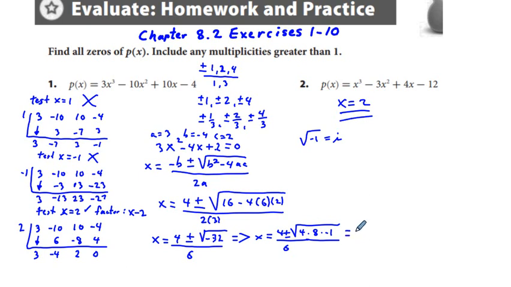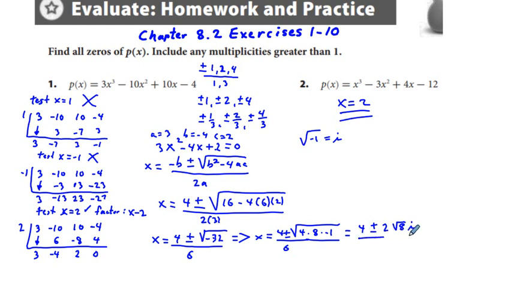So for this, we're going to get 4 plus or minus. We take that 4 outside, we're going to get 2, and then we're going to get square root of 8 and then i.